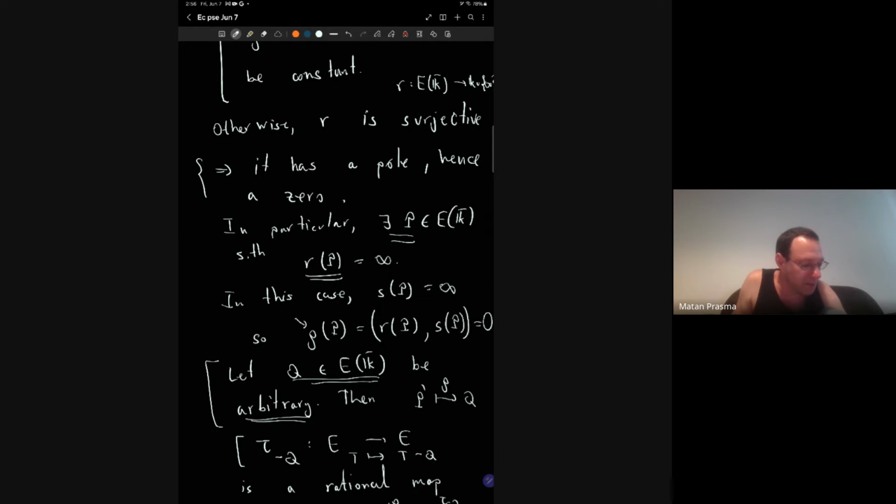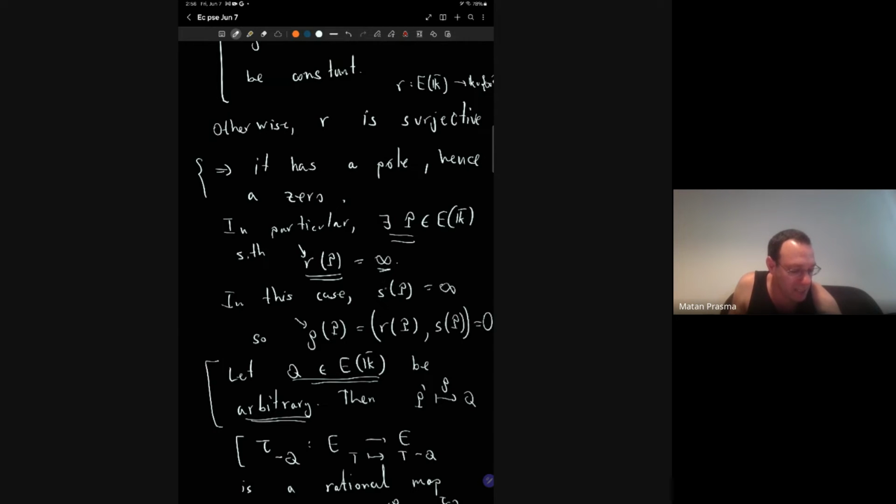Right? The way we proved it, we said if it is not constant, then the first coordinate R is not constant. Hence, it is surjective as a rational function. Hence, it has a point that maps to infinity.